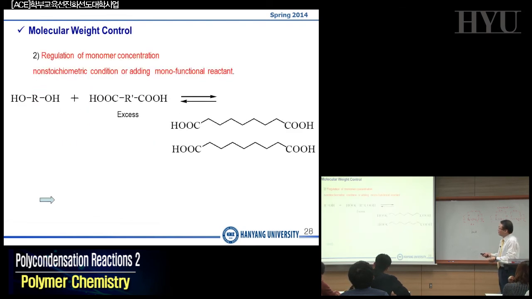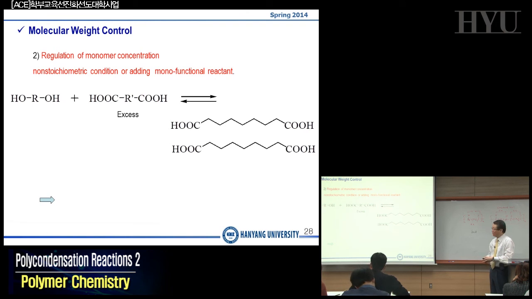So if you put one excess of the molecules, then you have the same functional groups at the end of your chain. If you have the same functional group at the end of a chain, you will not be able to proceed with further reaction, right? Even upon heating, even upon melting.